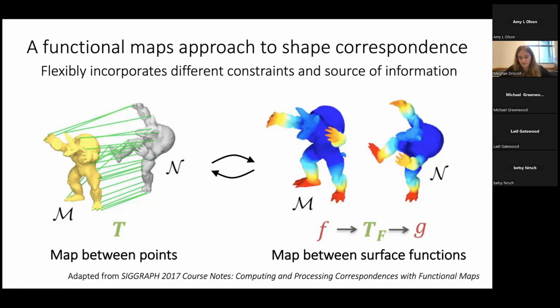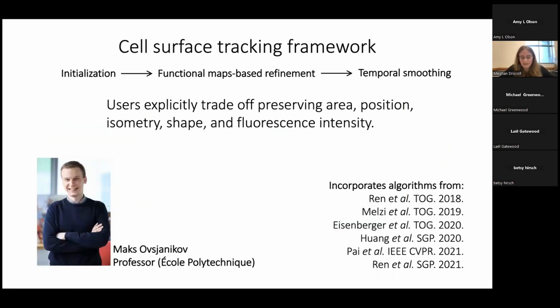So it allows us to flexibly incorporate biological constraints. And when I went into the graphics literature, I got it to work, but I wanted it to work really well. So I contacted Max Ovchannikov, who came up with this functional maps framework. He's a computer graphics professor now in France.